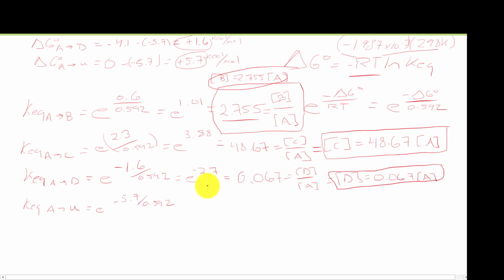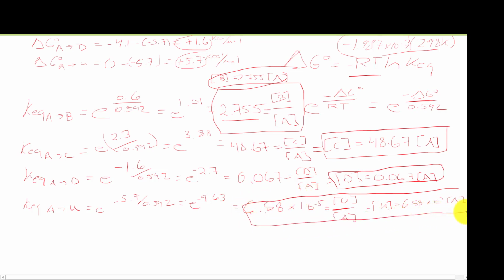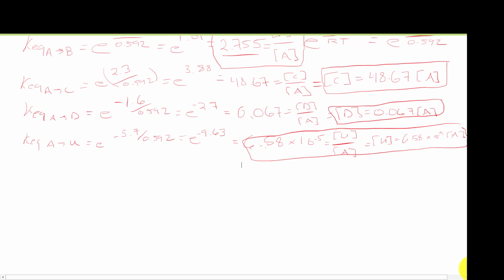This is E to the negative 9.63, which equals 6.58 times 10 to the negative fifth equals U over A. So U equals 6.58 times 10 to the negative fifth A. So we have all of those with respect to A now. So let's go back to our original little equality. Down a little farther.